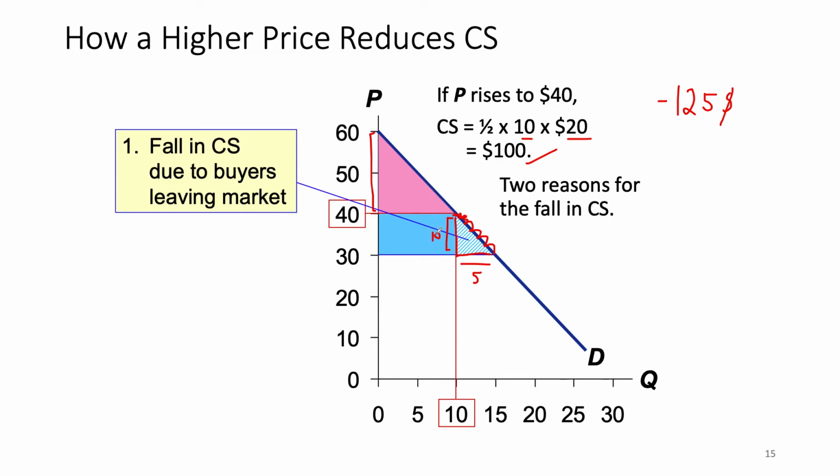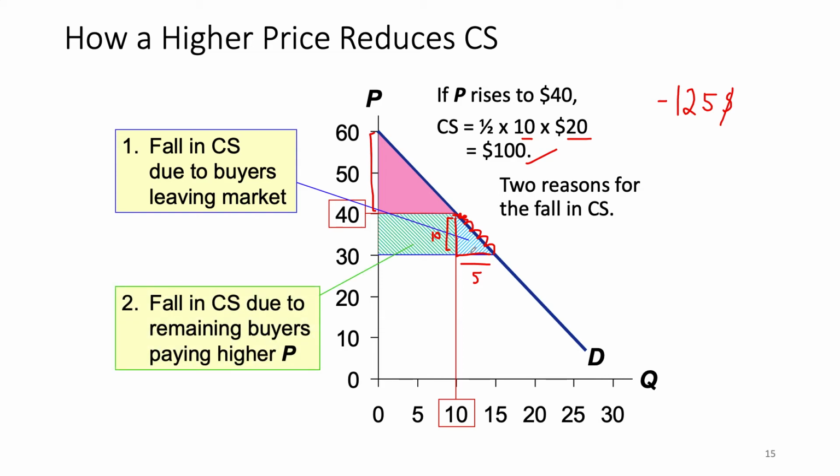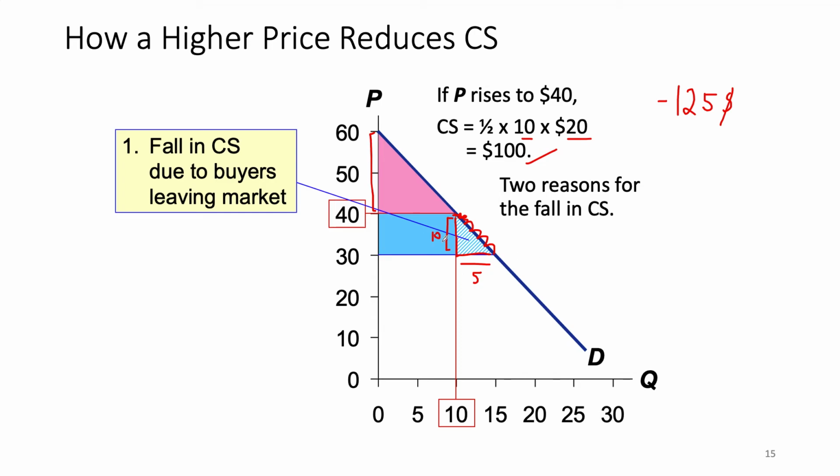So the size of this triangle is going to be 1/2 times the base times the height. 1/2 times 10 times 5 is 50 over 2, which is $25, right? So this accounts for a drop in the consumer surplus of about negative $25, right?